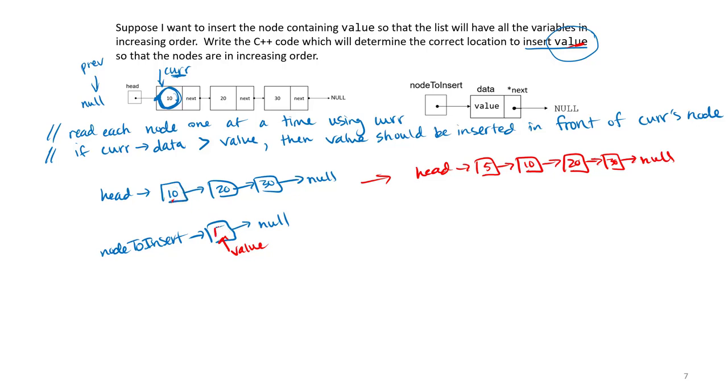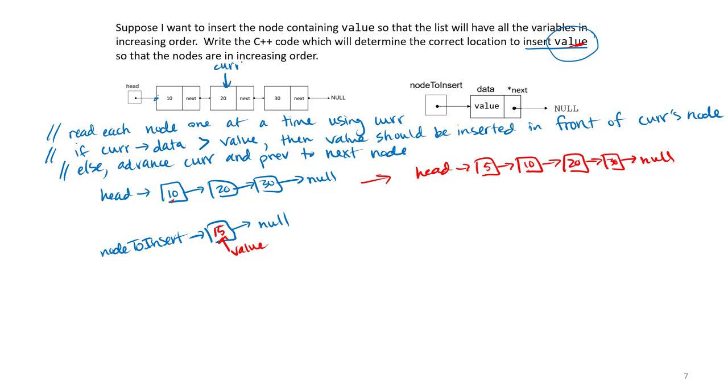However, what if our value was 15? In this case, current arrow data was not greater than value. So if not, we need to advance cur and prev to the next node. So in this case, current would now point at our second node, and previous would point where cur was pointing.